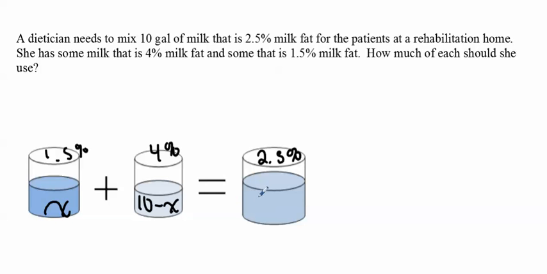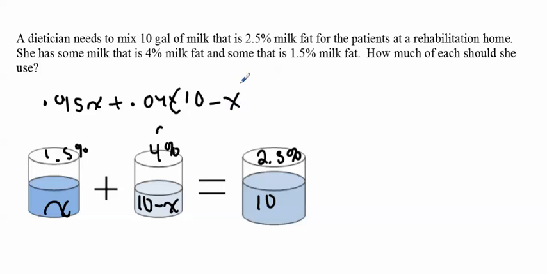And at the end of the day, we have to have a 10-gallon 2.5 mixture. Now, we're just turning the percents into decimals. Now you have 0.015x plus 0.04 times 10 minus x is equal to 0.025 times 10.